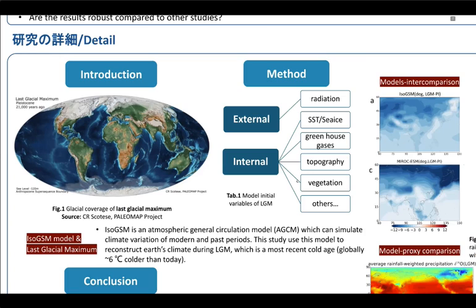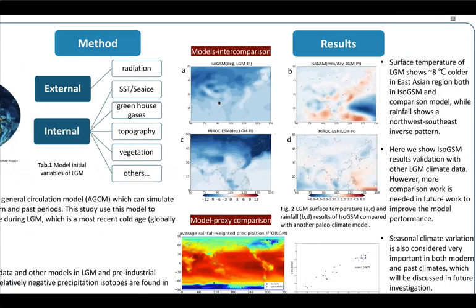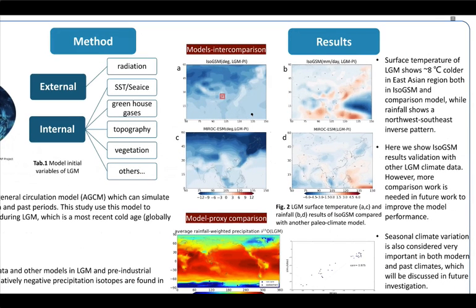So our method is to use initial variables in LGM, like the radiation, the sea surface temperature, sea ice, and so on. And we use these variables in the ISOGSM model to get a result like this one here. So first, the temperature and the rainfall amount, we get LGM results compared to modern days.